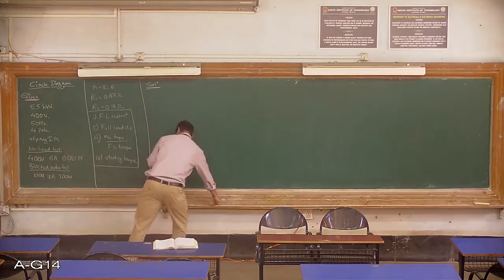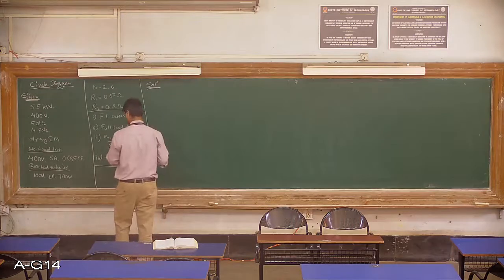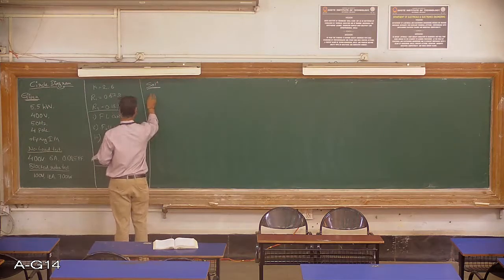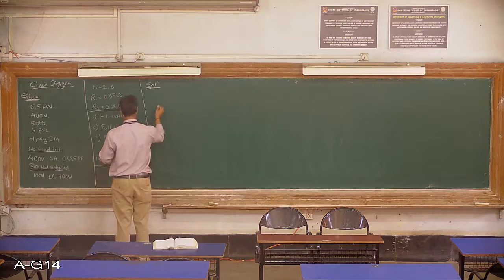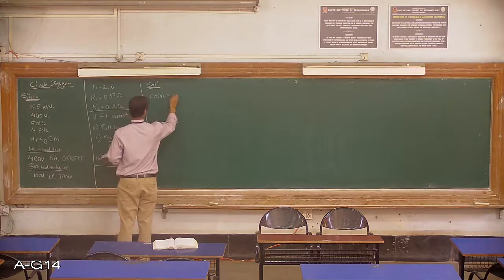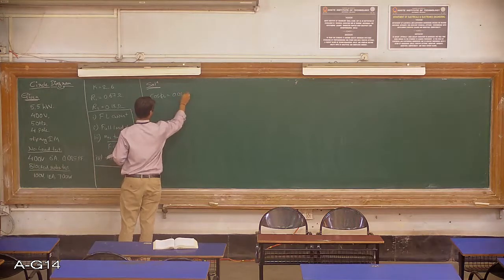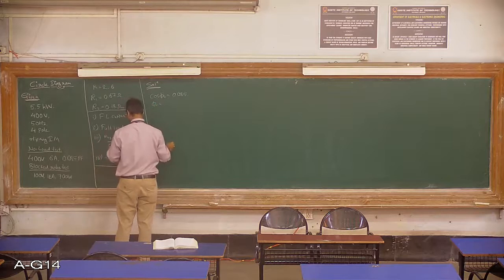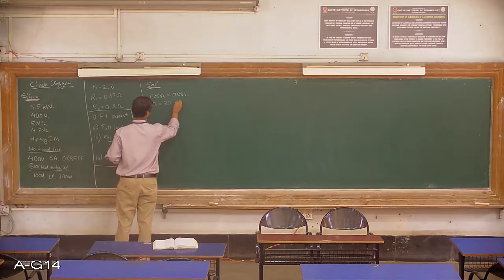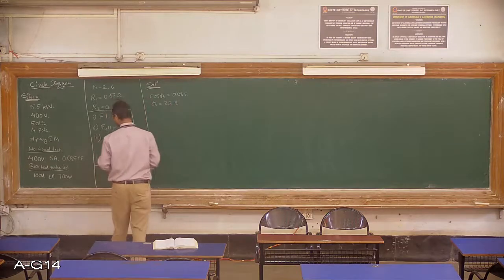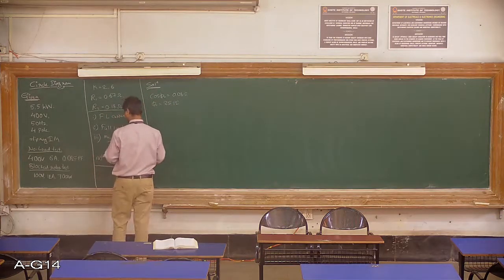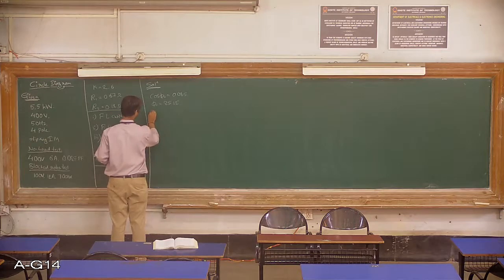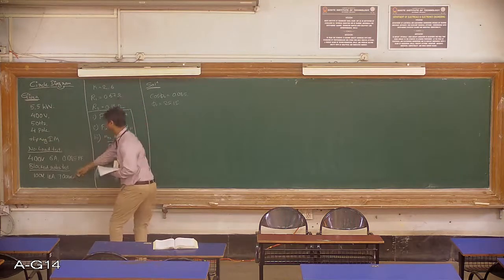Okay. Now from the no load test results, cos phi naught is 0.085. Hence, phi naught will be equal to 85.12 degrees. Similarly, they have given WSC as 700 watts.